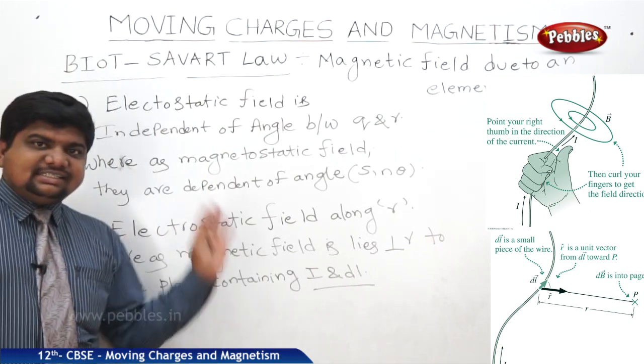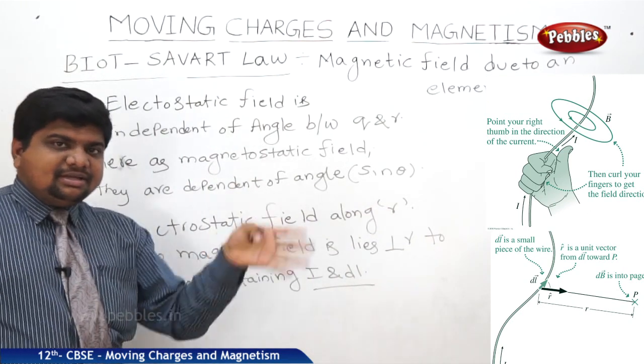So these are the differences and similarities between E and B, electric field and magnetic field.